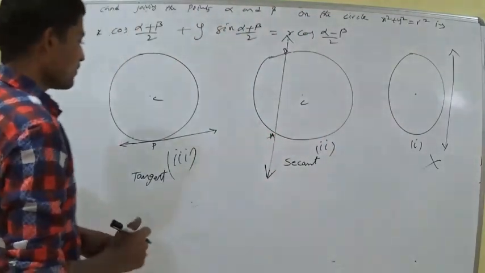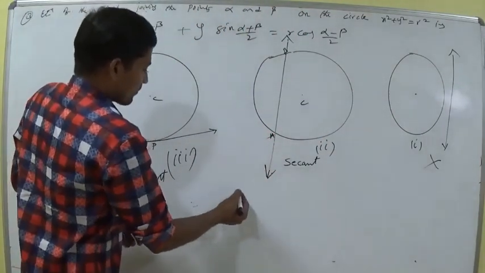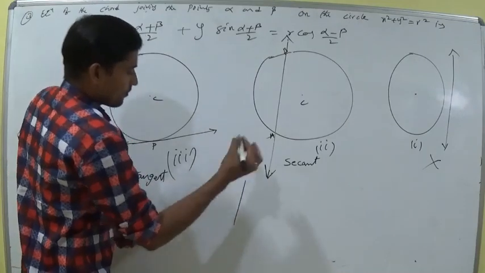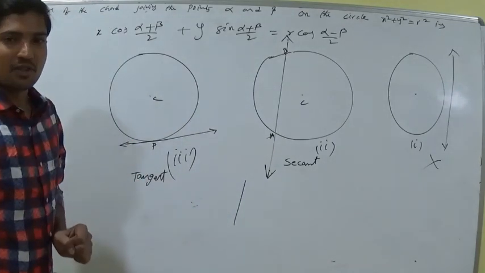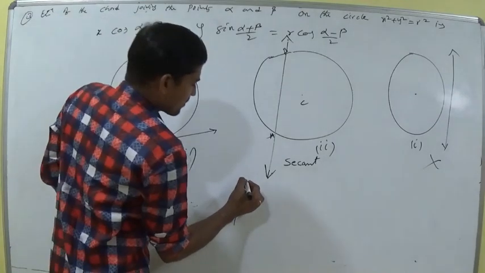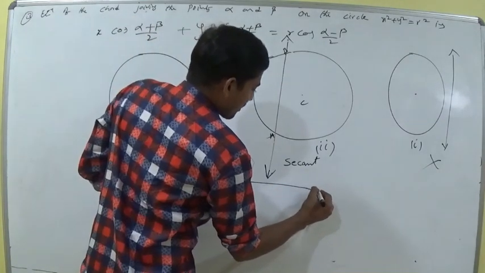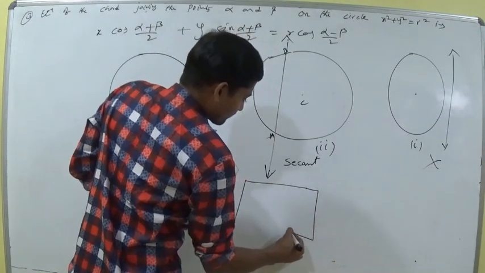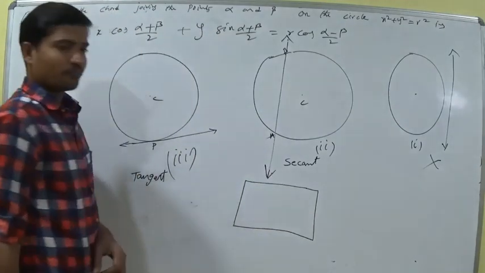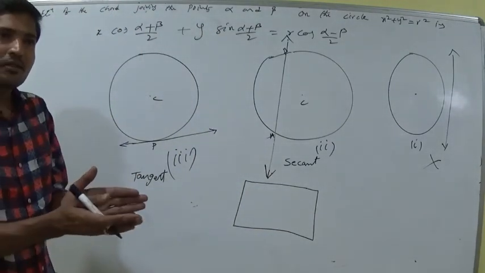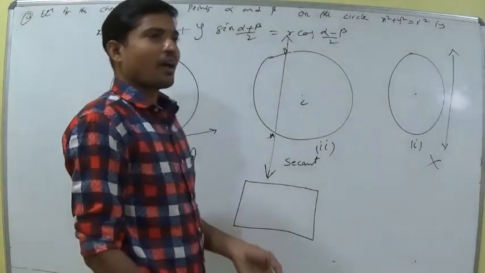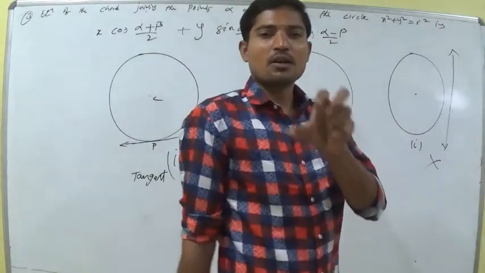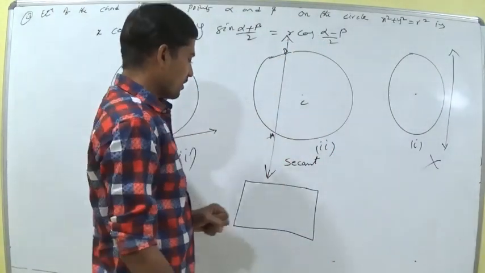Suppose here one line segment is there. Otherwise let us take a rectangle, in the form of a bread piece.